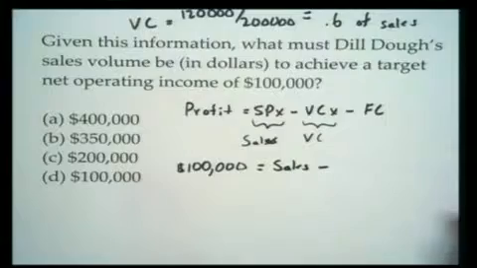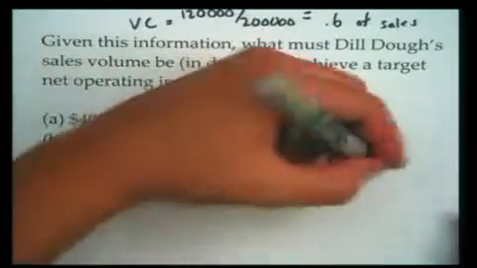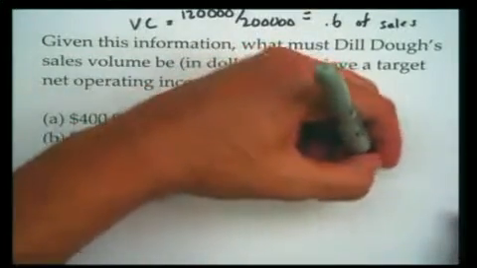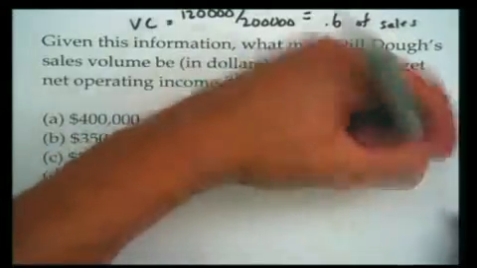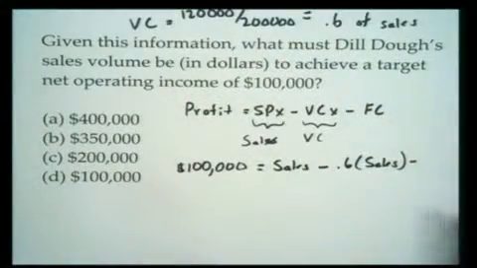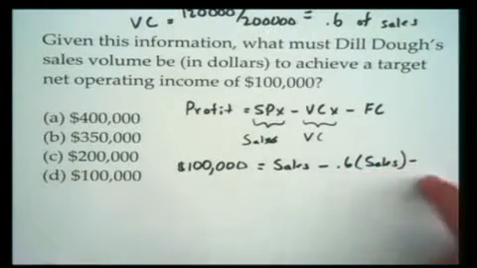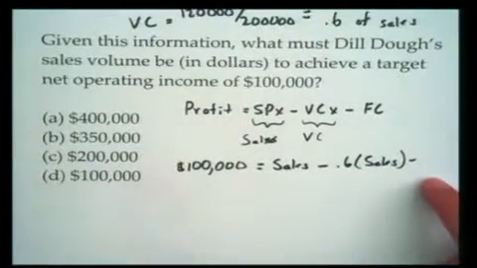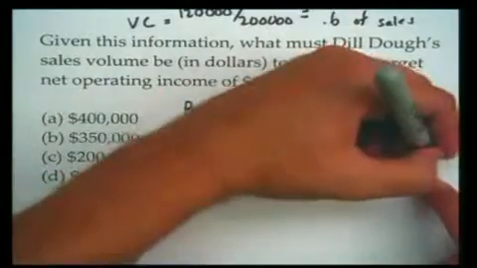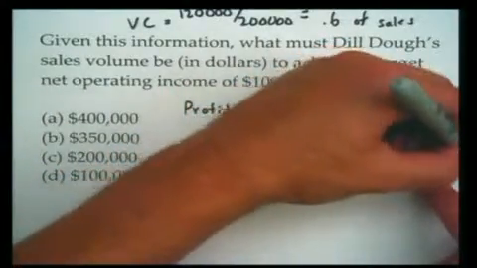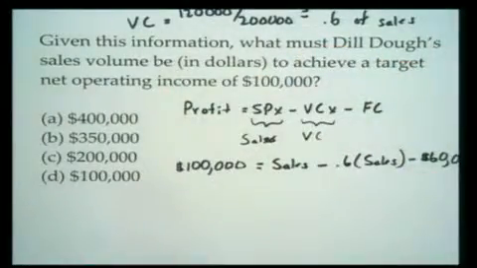In algebra and math, of means multiply. So 0.6 times sales is the variable cost. The fixed costs are $60,000.